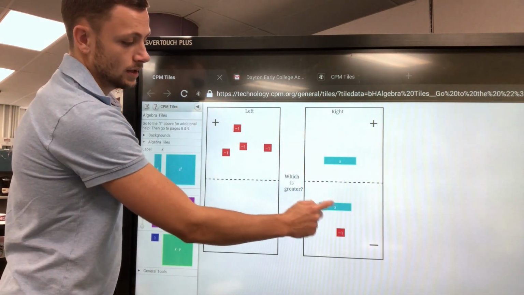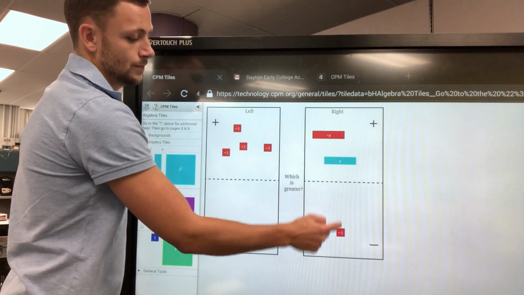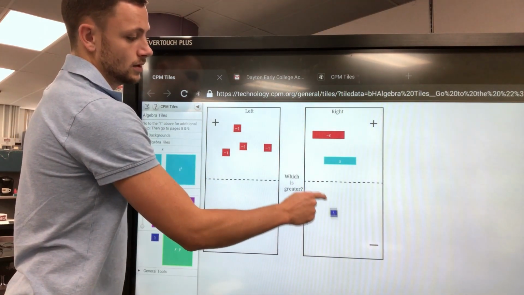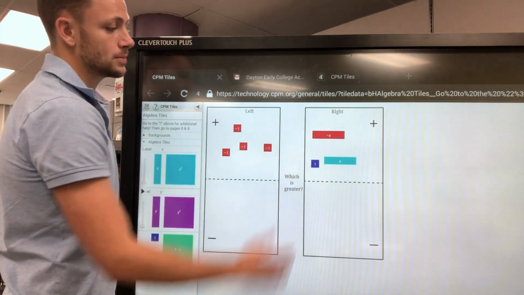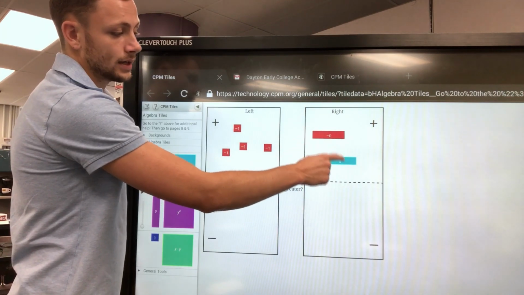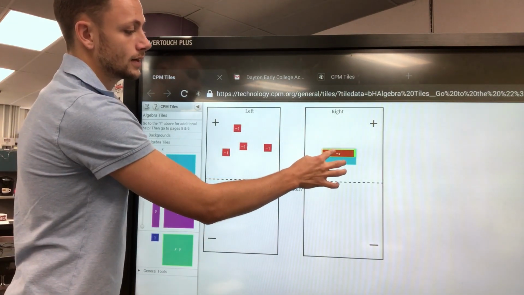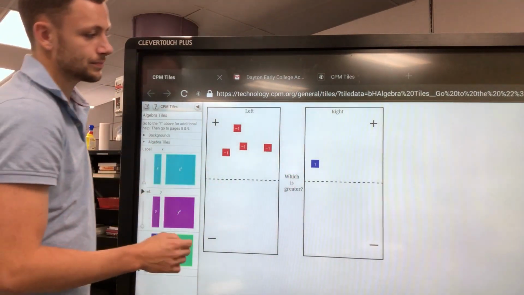So positive X times negative 1 is negative X. And negative 1 times negative 1 is positive 1. So we're going to flip our tiles and bring them up top. Now I have a negative X plus X, which is 0, and a 1. So since negative X plus X is 0, I should click and drag them both away.